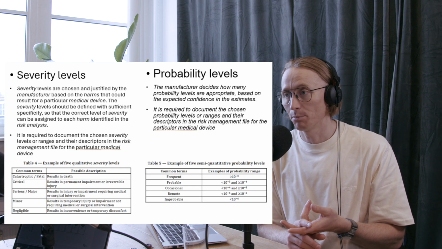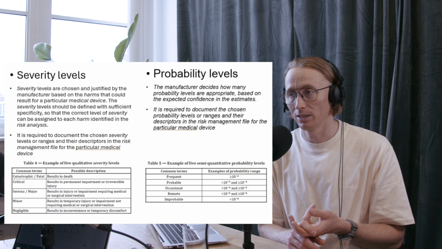Therefore, the risk management to handle something like death is definitely a lot different than if you take the example of a software we talked about earlier in the videos. For a software, if you die of a software, there is something wrong. Of course, there are instances where a software gives results that could lead to death, but the interpretation has two words here: probabilities and severity. Those ratings are dependent on your device.